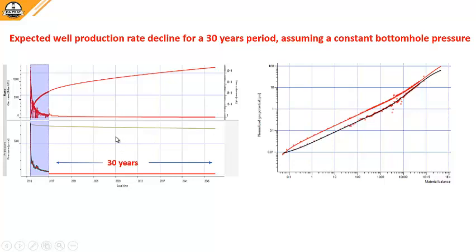Okay, here is what we said previously: once you have simulated your data, you can go ahead and, let's say, make a forecast for 30 years of production, and you can get here your value at the end of these 30 years.